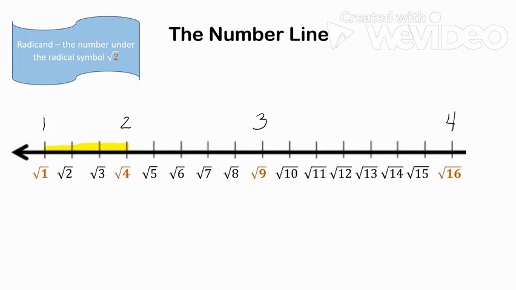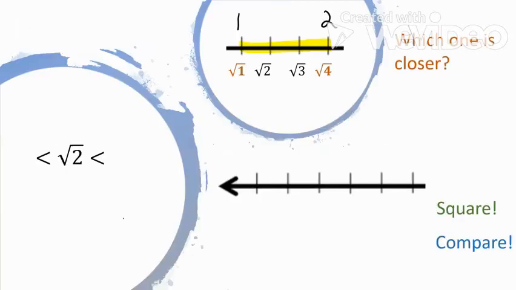So let's take a closer look. We know we're between 1 and 2. But which one is closer? For this, it's easy because we can look at this halfway point. That's 1.5. The square root of 2 is on the left of the halfway mark. So that means that the square root of 2 is closer to 1.